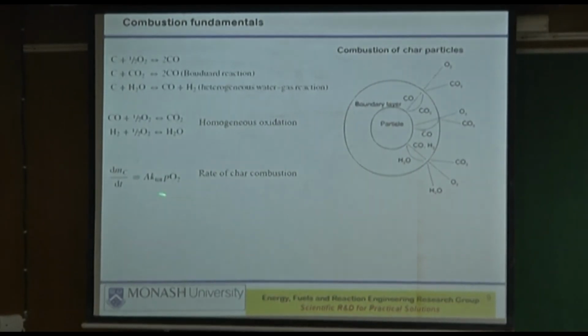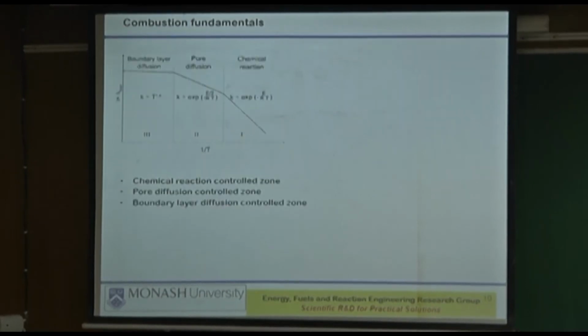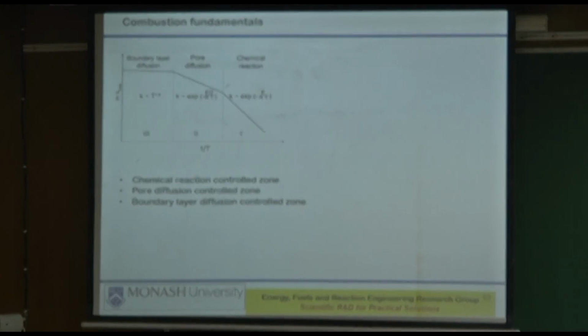But the bottom line is this type of expression that you can calculate how long the carbon particle or the char particle will take to combust fully, provided you know the partial pressure of the oxygen, provided you know the active surface area to which the oxygen is available, the surface area accessible to the oxygen, and that can be measured, and the total K value, and that total K value depends on this type of considerations.